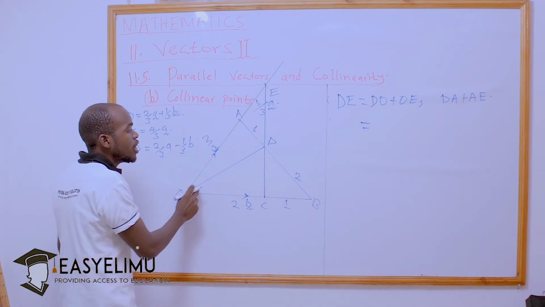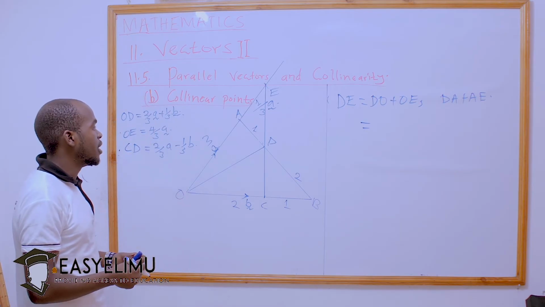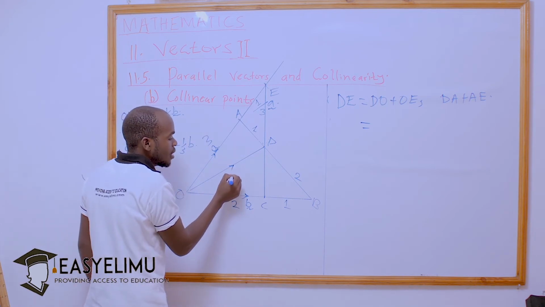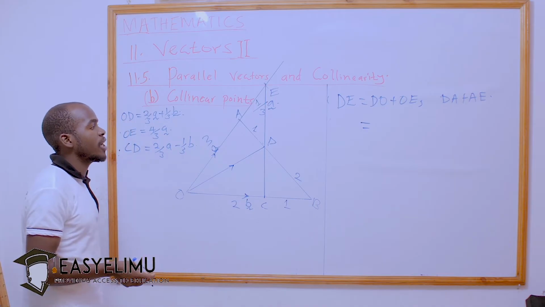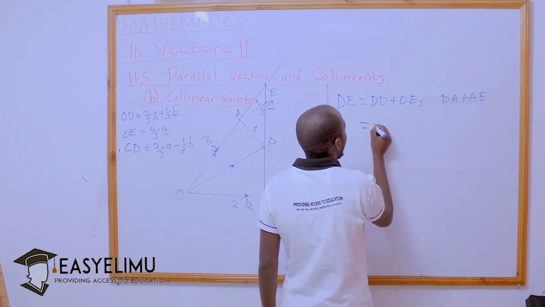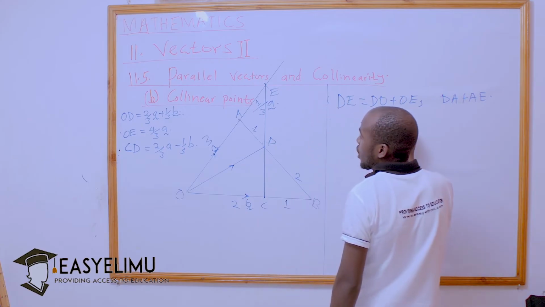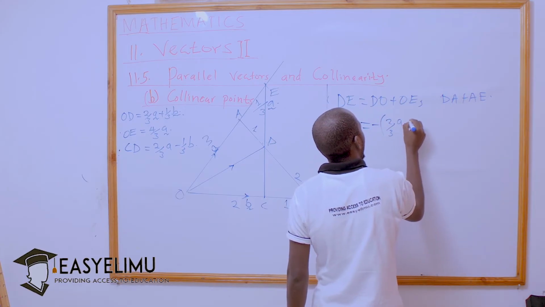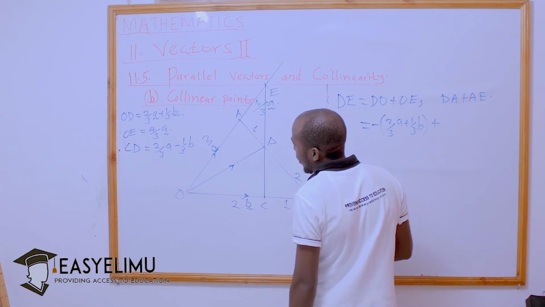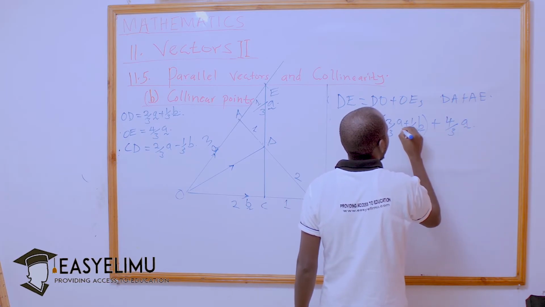We know OD we already have as 2/3 A plus 1/3 B. But if we need DO, then we have to go against the vector, and going against the vector means we are negating OD. So we shall have negative OD, which is negative of 2/3 A plus 1/3 B. Then we add OE, and OE we had as 4 over 3 A. Remember, these are our vectors.